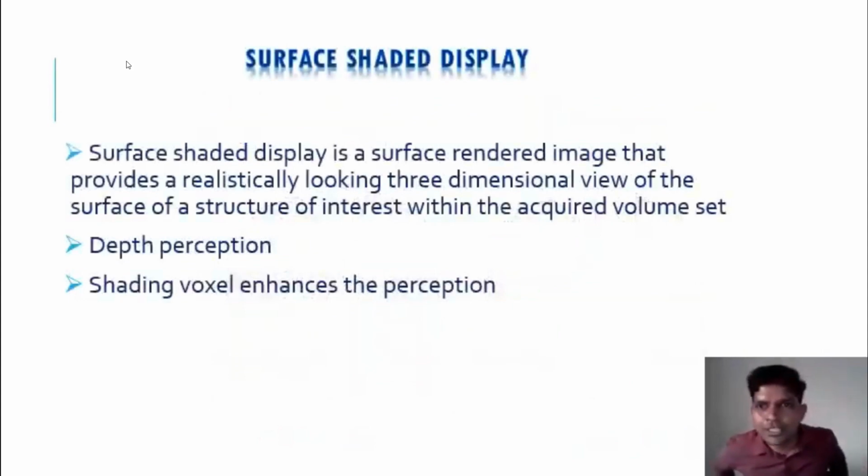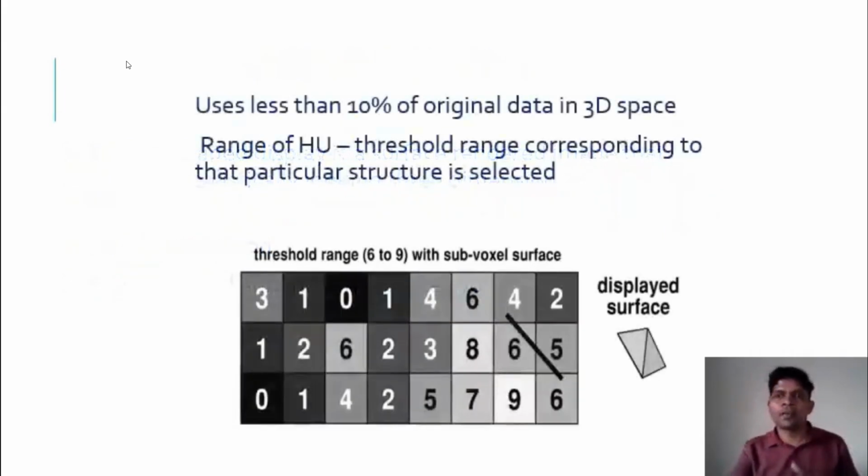So next one is surface shaded display, a surface rendering image that provides a realistic-looking three-dimensional view of the surface. It gives depth perception, with all the shadowing voxels enhanced. A threshold range of HU corresponding to the particular structure is selected.